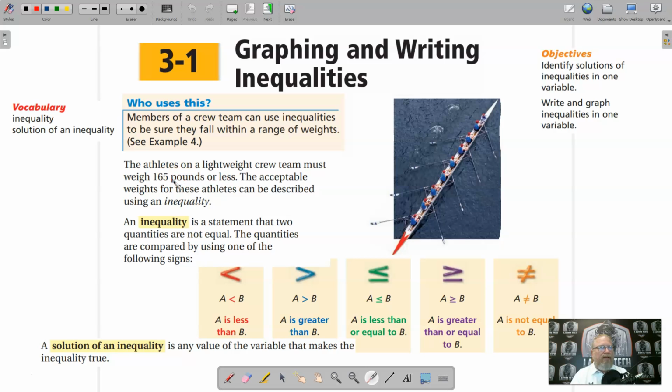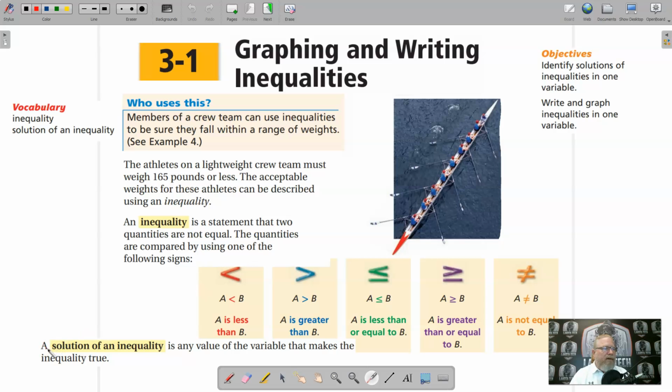The equal concept being here. But if they weighed 160 pounds, that would still be okay because 160 is less than 165, so it would be less than. So whenever they don't necessarily have to be equal, or they have to be greater than or less than another number, that's where inequality symbols come in really handy.